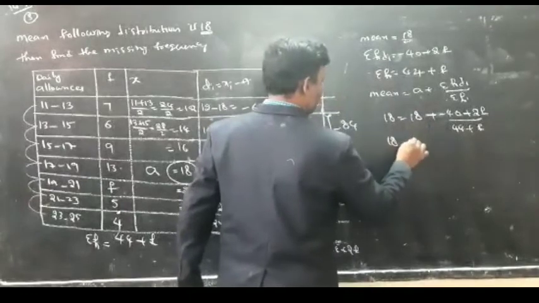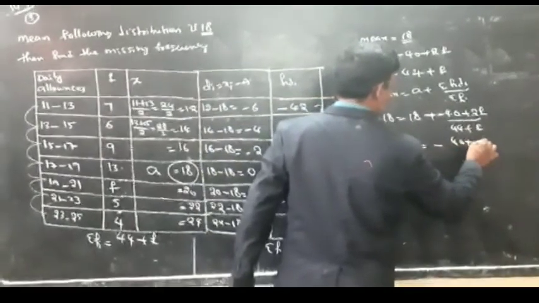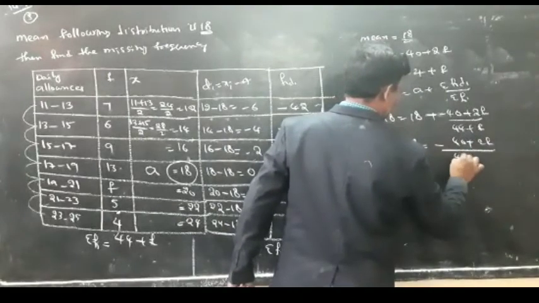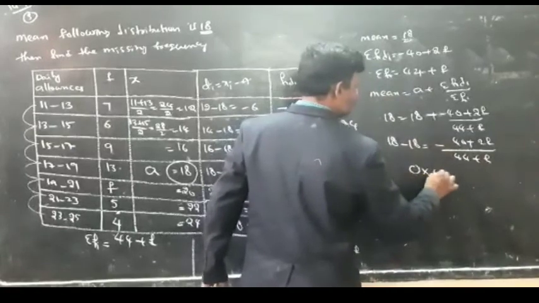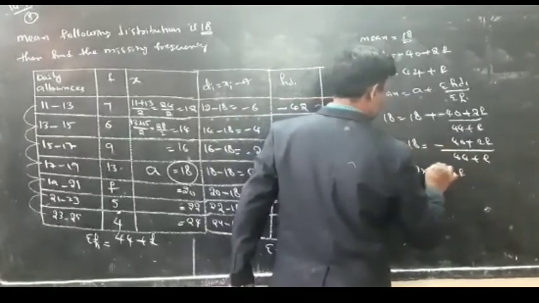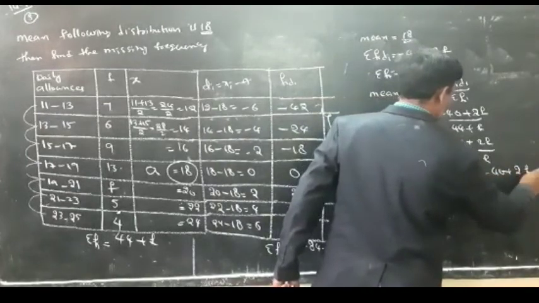Here 18 minus 18 is equal to minus 40 plus 2f by 44 plus f. 18 minus 18 is 0. So 0 into 44 plus f is equal to minus 40 plus 2f.